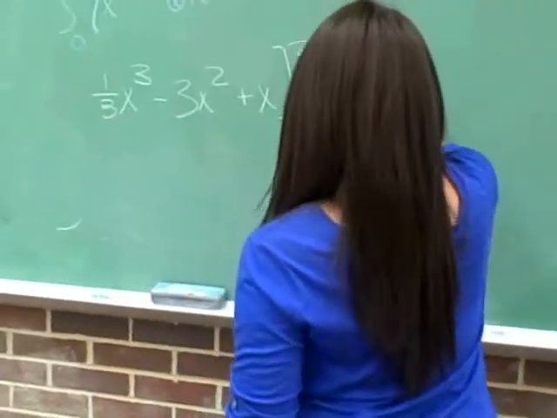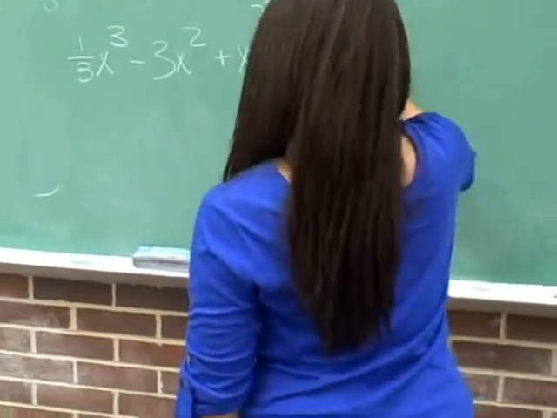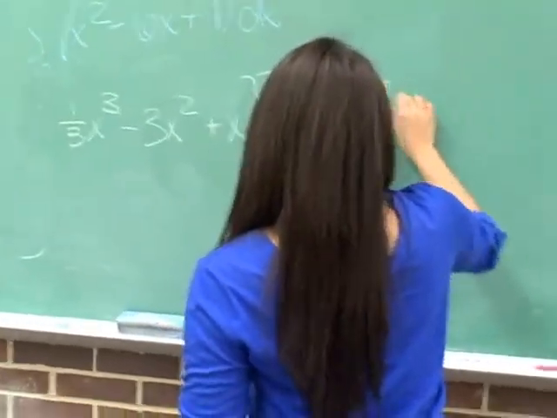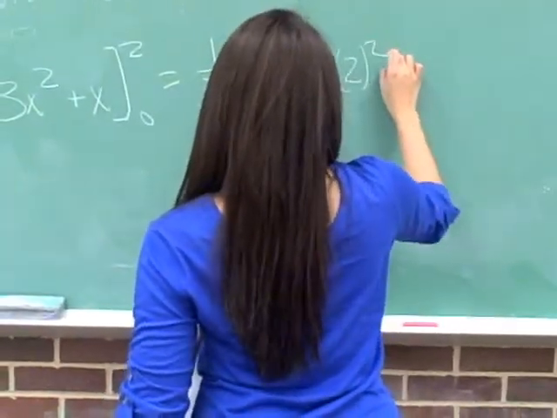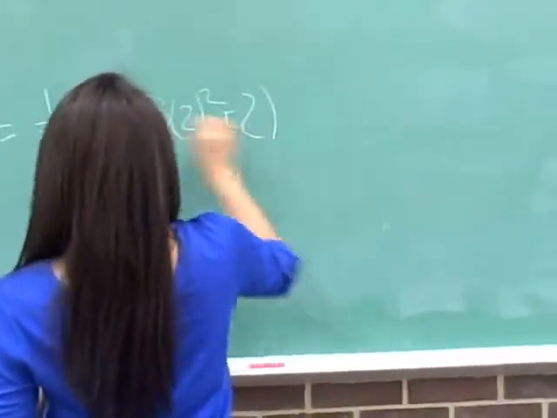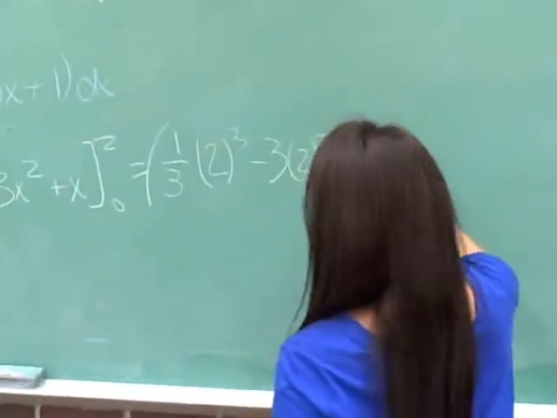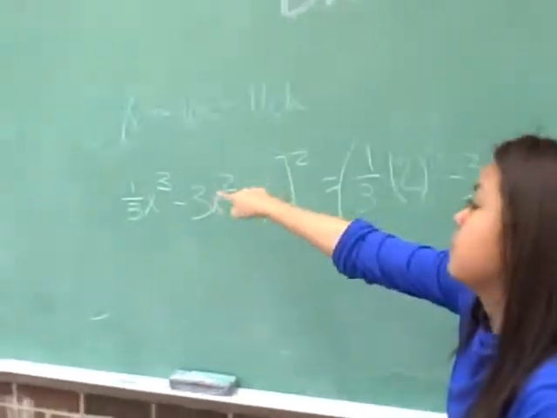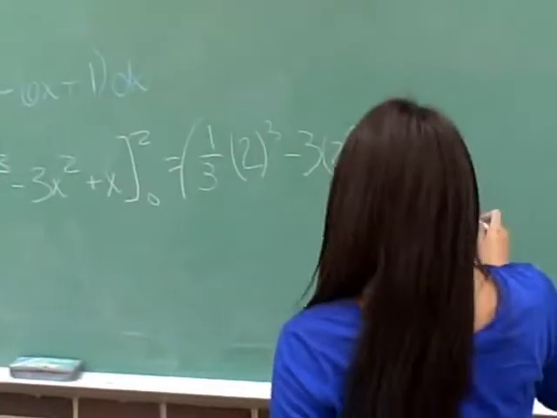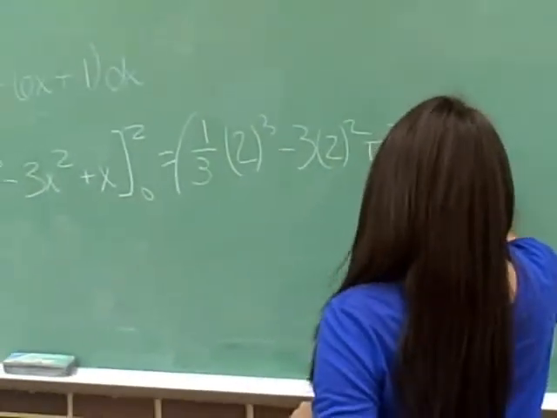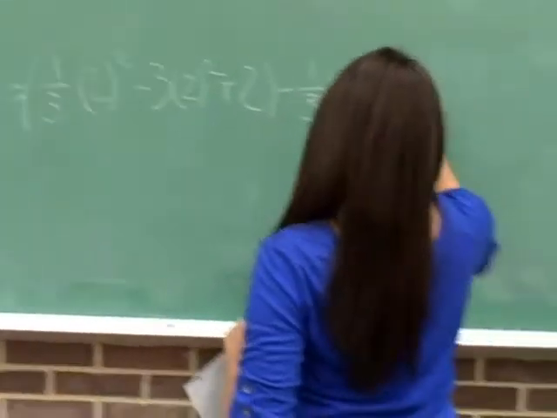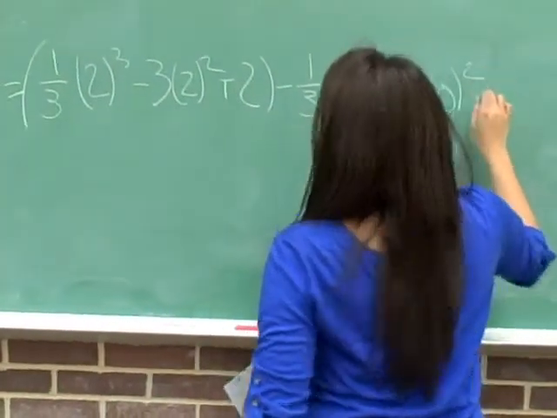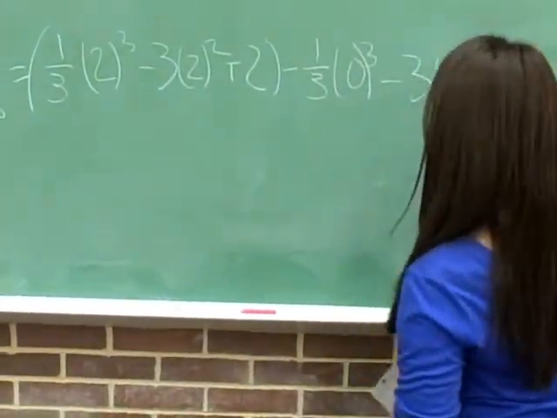Now, that equals 1/3 times 2 cubed minus 3 times 2 squared plus 2. Now we subtract our plugins from 0 from this. So we would get 1/3 times 0 cubed minus 3 times 0 squared plus 0.